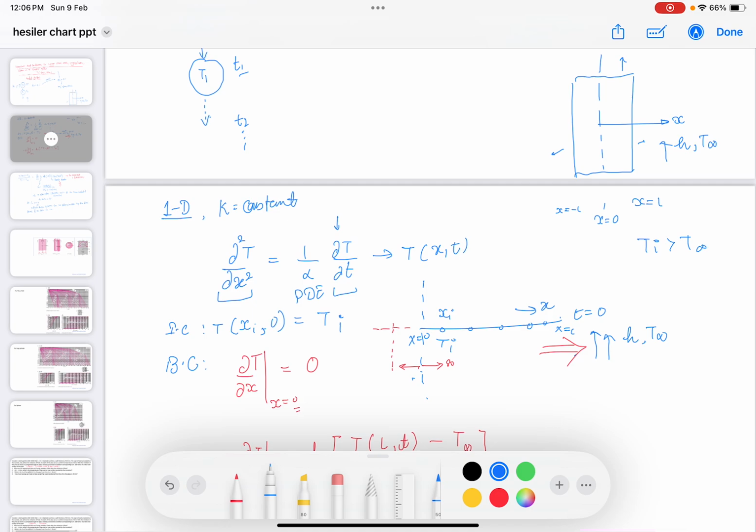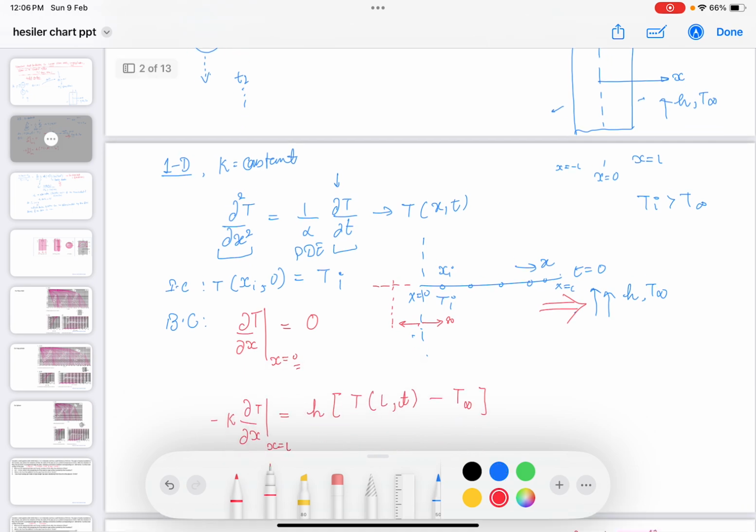The body as a whole, at every point, has the same temperature Ti initially, but when it comes into contact with the surrounding fluid, it is going to release heat. As we are considering one-dimensional heat transfer, and we assume that this plane wall has constant thermal conductivity, we can write the one-dimensional heat conduction equation for this case.